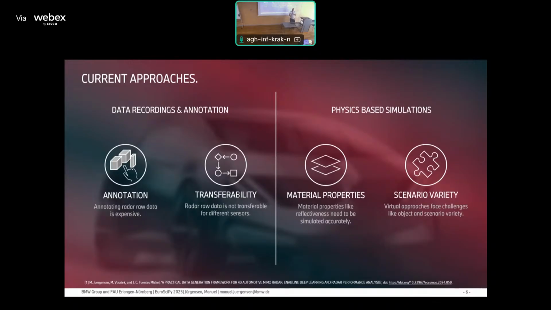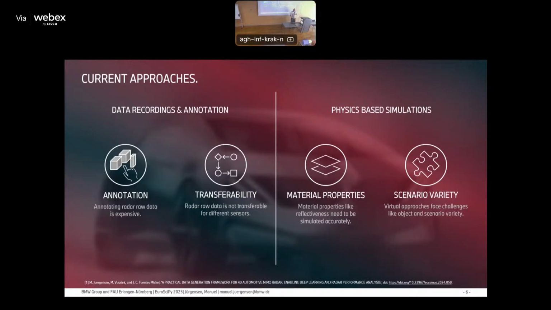The other problem is that you struggle with scenario variety. In engineering a radar sensor, you're interested in the unknown scenarios. You can't really engineer them, you need to drive them.